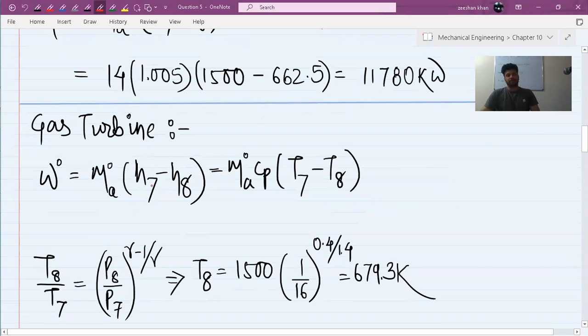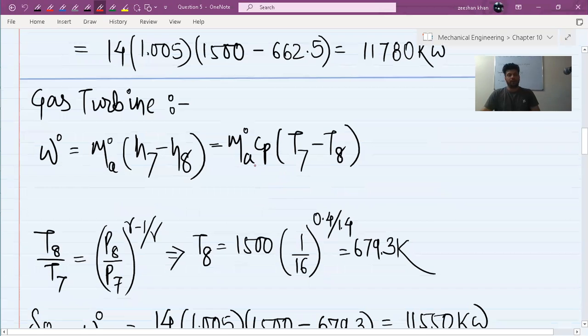A gas turbine is obviously the working system in that part of our cycle. So the amount of work done in that turbine is going to be h7 minus h8, and with the mass of air flowing through it, it comes out to be m dot a cp into T7 minus T8.